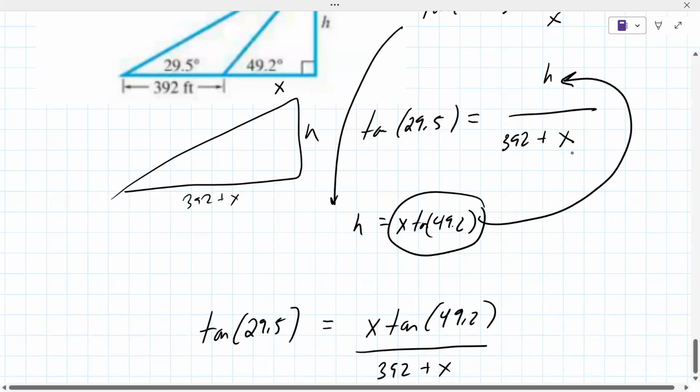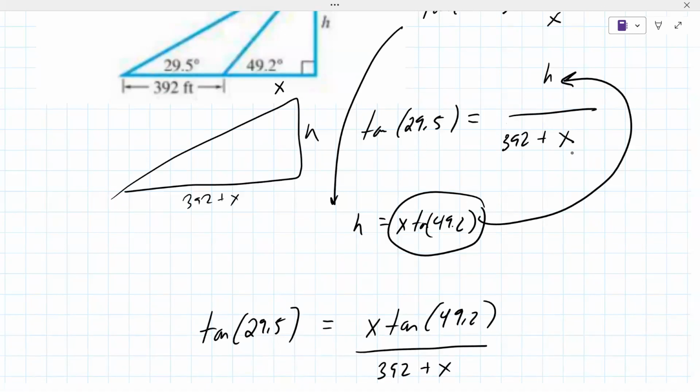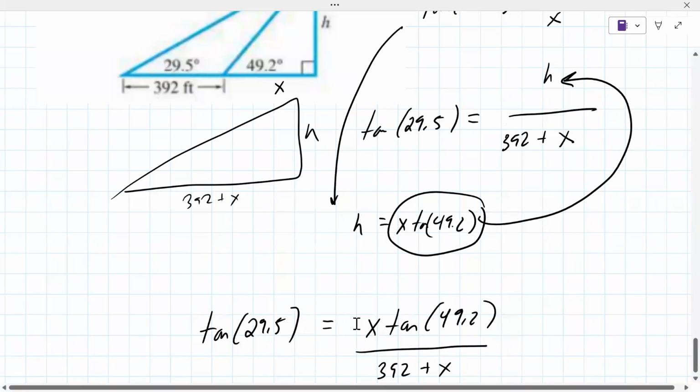And notice we're down to one variable when we do it this way. Any questions about that before we continue?